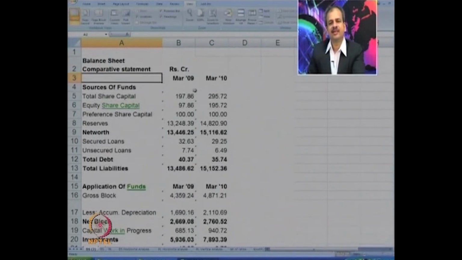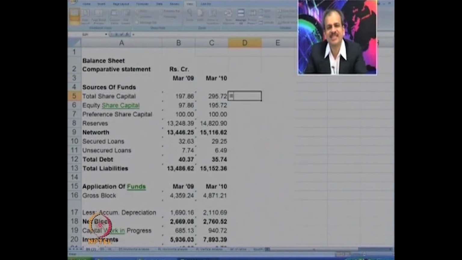Now, you tell me how to go ahead, what should be done in a comparative balance sheet. I hope it is now pretty clear to you. We compare this year's figure with last year's figure to get the absolute difference.